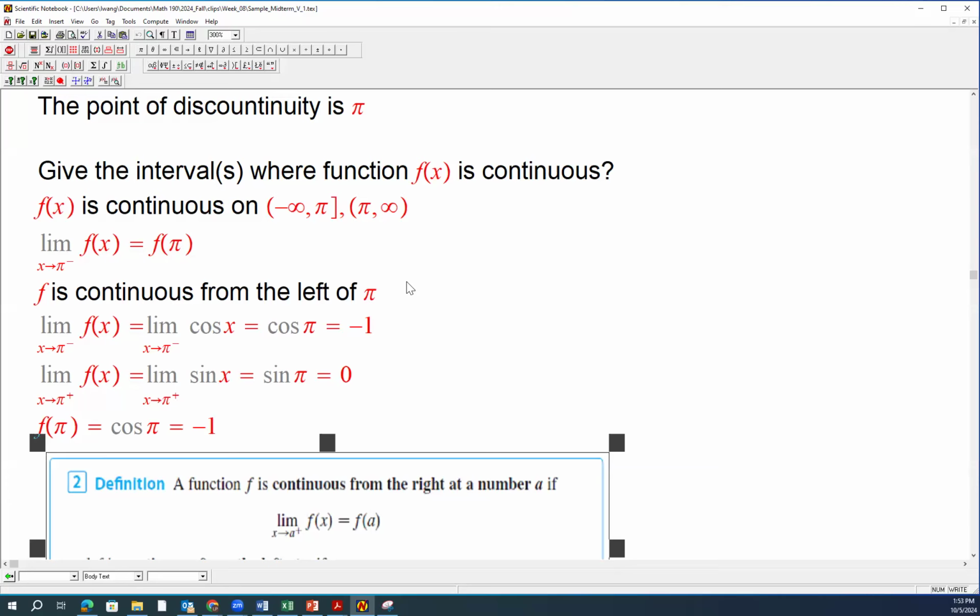So when we later apply the intermediate value theorem on intervals, on interval AB, closed interval, we're going to explain that later. So f is continuous on this interval where pi is included. How about the other one? Is this left continuous?